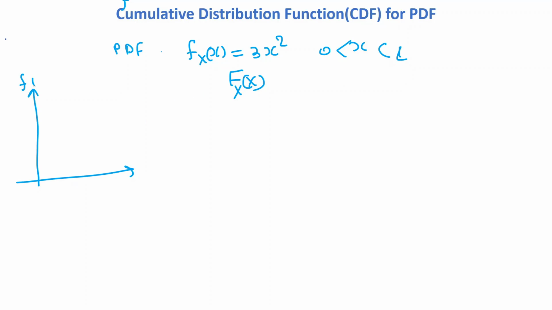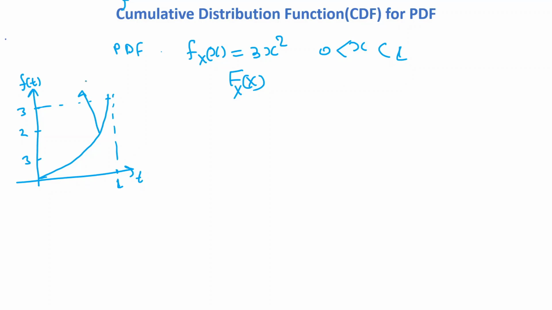Let this be your f(t) corresponding to your t value, and let this be 3, 1, 2, 3, because we are getting 3x square. So we need to draw the parabola. Let this be your 1. So this would be something like this value at this. So this is your PDF.